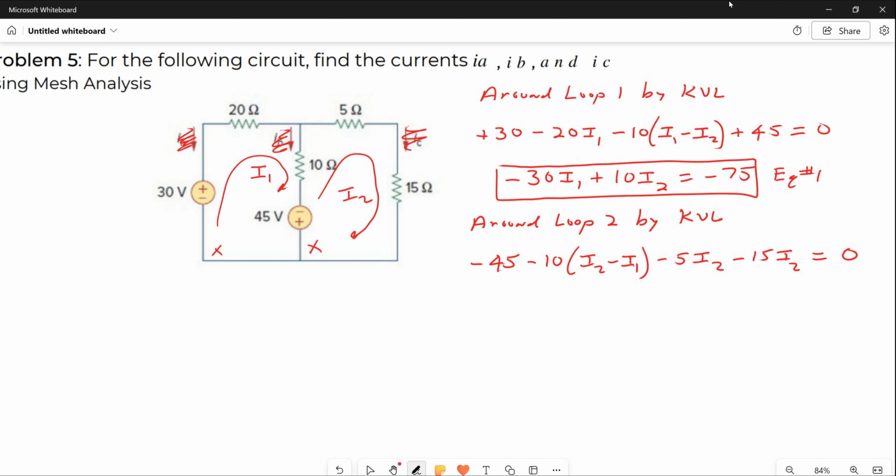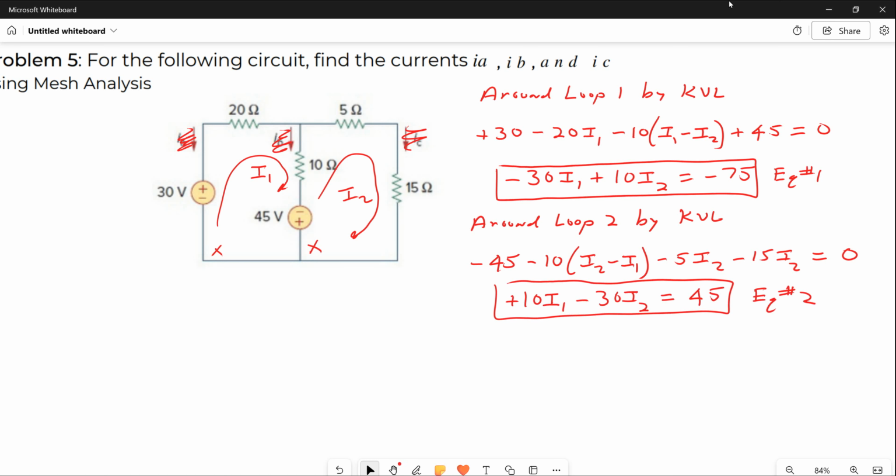Clean that up. I get a plus 10 I1, minus 30 I2 equals 45. That's equation 2.